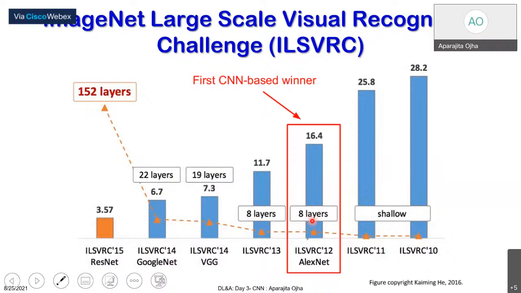It used only 8 layers, and then 19 layers in 2014 with VGG, and GoogleNet with 22 layers. Then suddenly ResNet, as I told you, with 152 layers made a mark, another history, when average human perception was beaten by a machine.